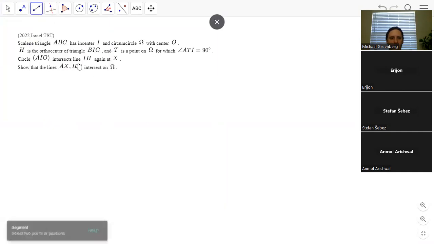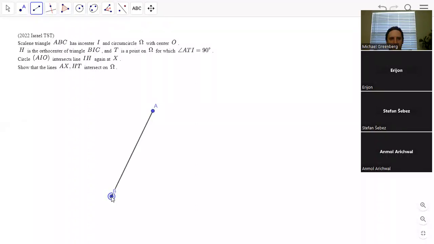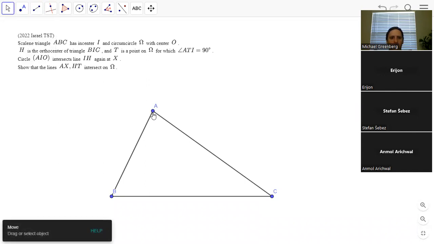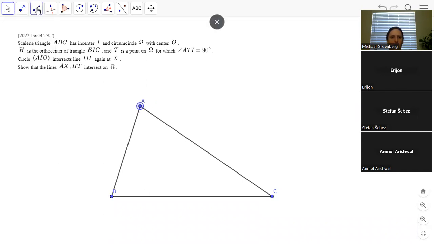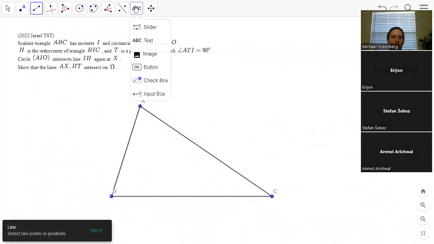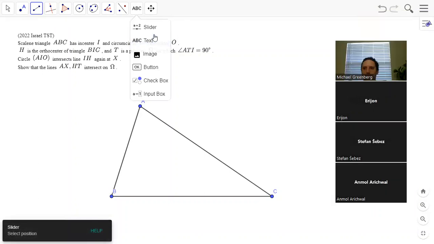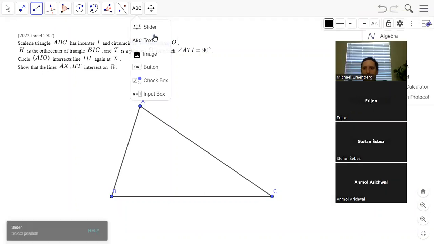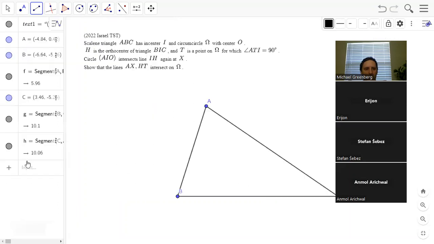I'll type it up. So we have a triangle with incenter I. Okay, another problem with the orthocenter of BIC. So basically that point makes a parallelogram with the excenter. We've seen this come up a couple times.